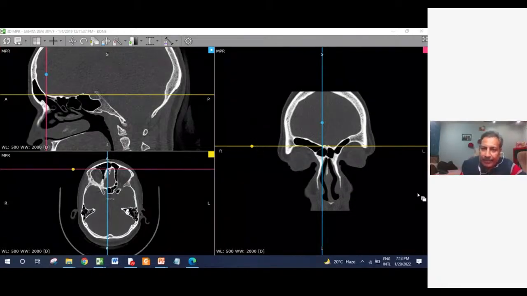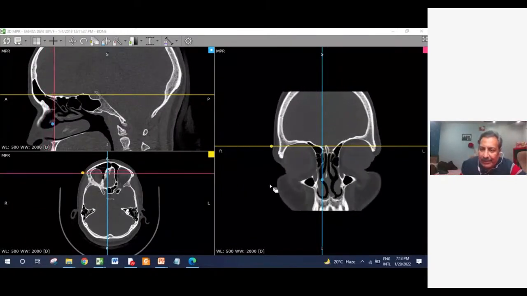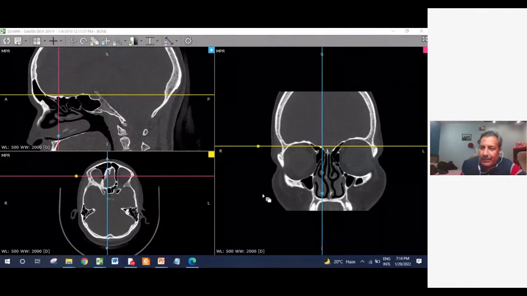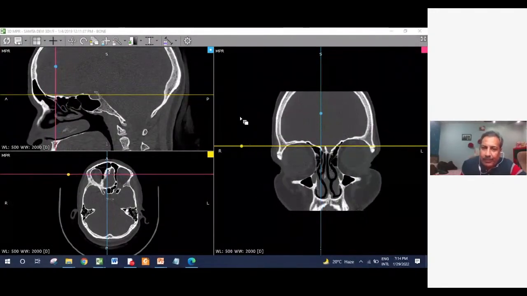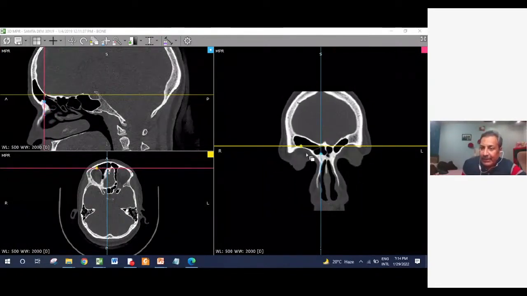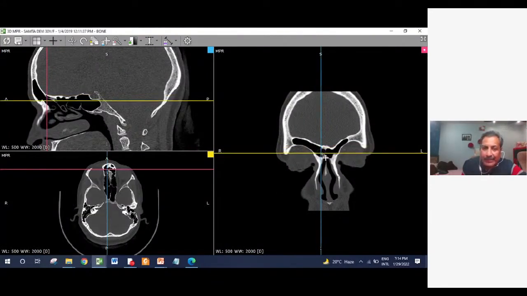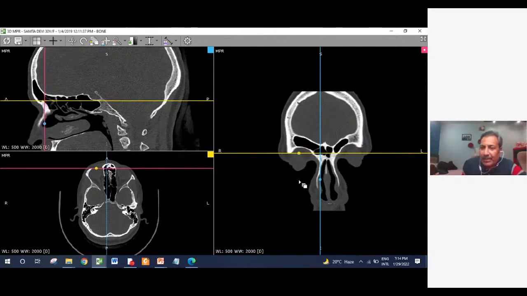So you need to order in your prescription, when you order a CT scan, that you want a submillimetric section in DICOM format to get complete information. Not only complete information, but dynamic information as well, so that you can better understand any structure in three-dimensional planes. See this Agger nasi cell, you can see it in all planes.